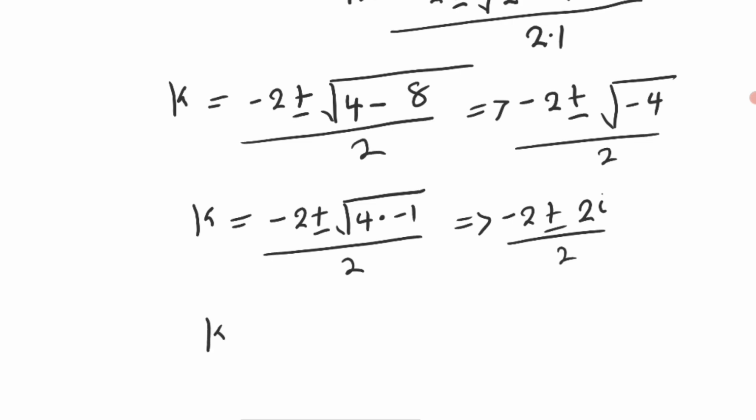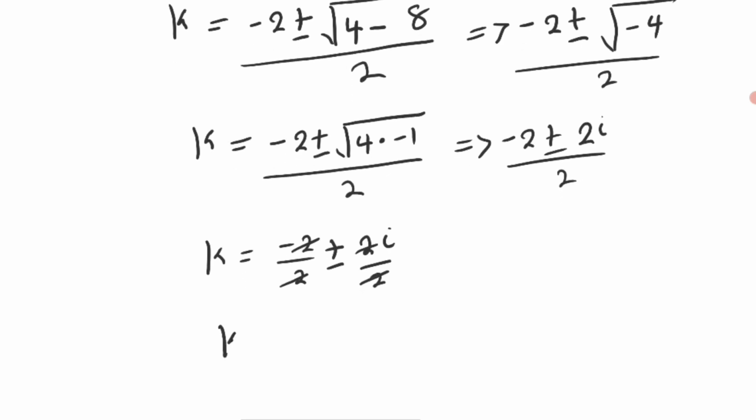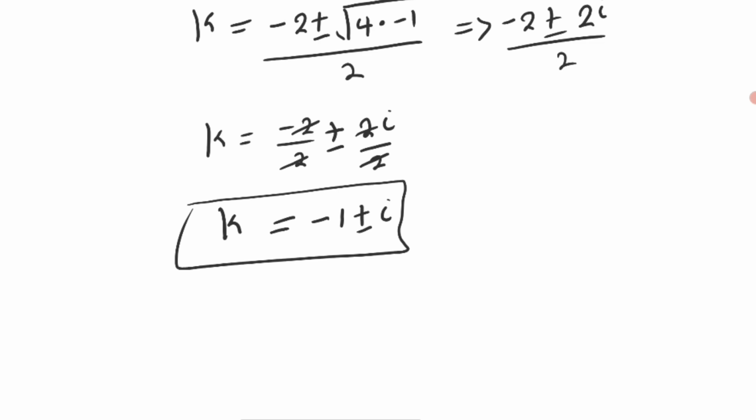Then k is equal to minus 2 over 2 plus or minus 2i over 2. These two cancel these two. These two cancel these two. K is equal to minus 1 plus or minus i. This is the value of k.